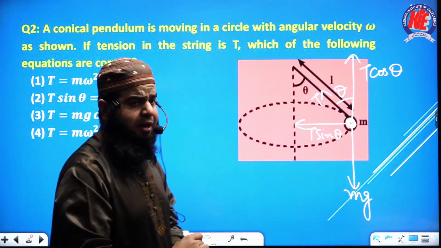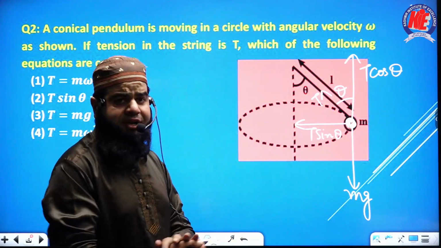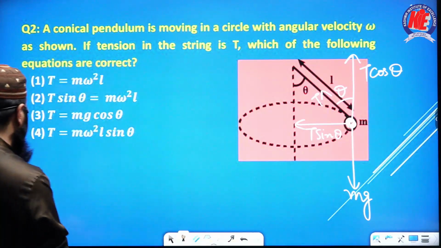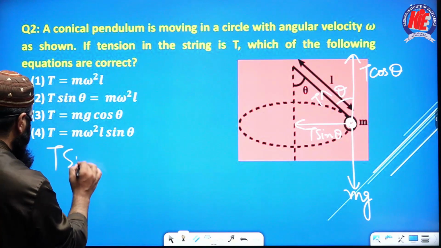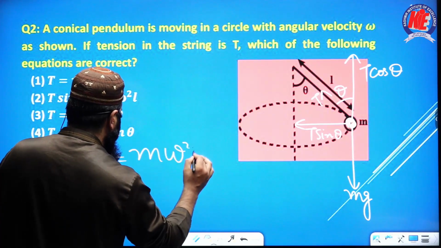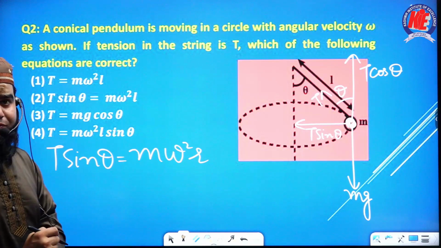You can see T sin theta is directed towards the center, so it will provide the required centripetal force. So the equation is T sin theta is equal to m omega square r, where r is the radius of the circular path.